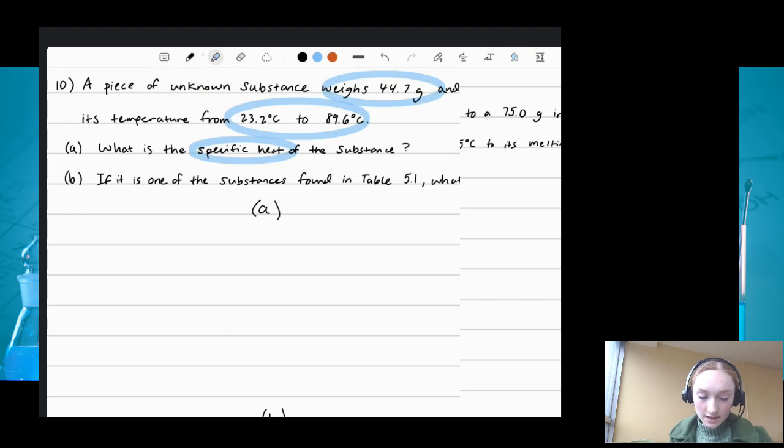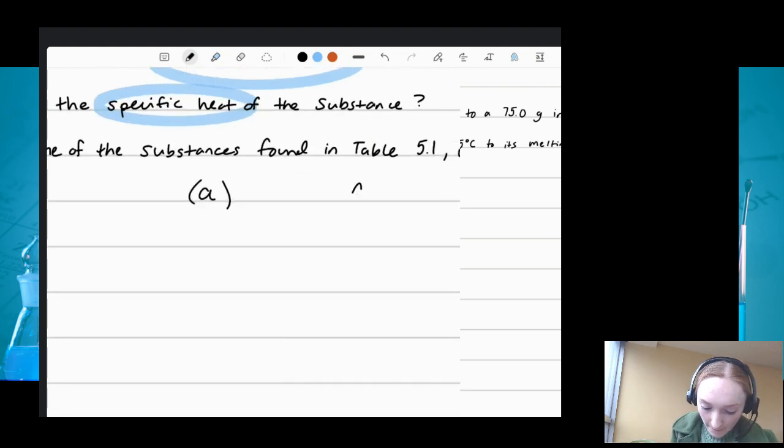So let's first set up the equation not solving for Q, but solving for C. So that'll look a little different. Q equals MCΔT, as we know. Sorry, lowercase c. And so since we're solving for C, let's just divide some of these variables across the other side. So the C is on the right side.